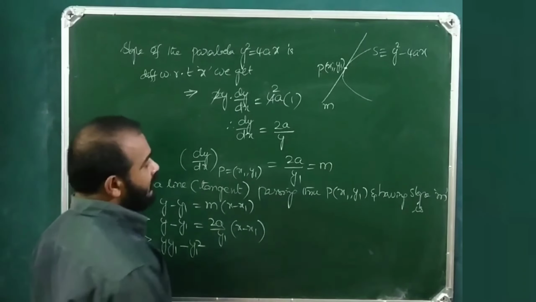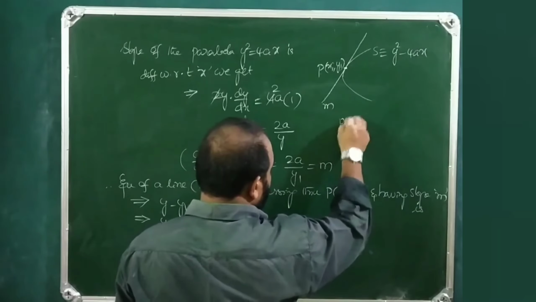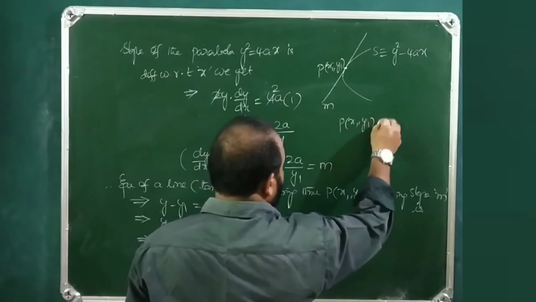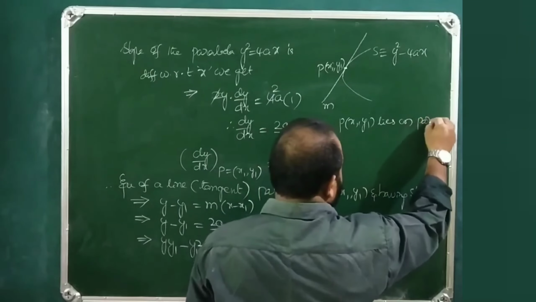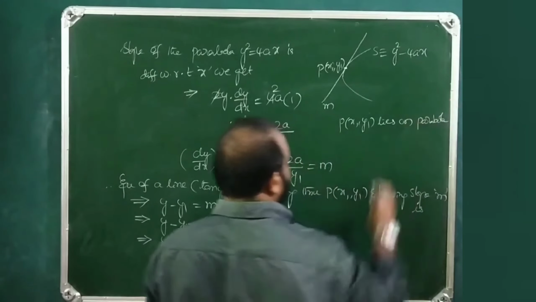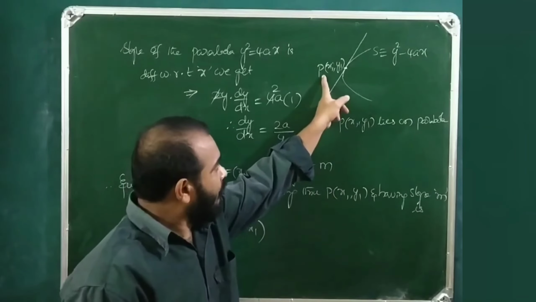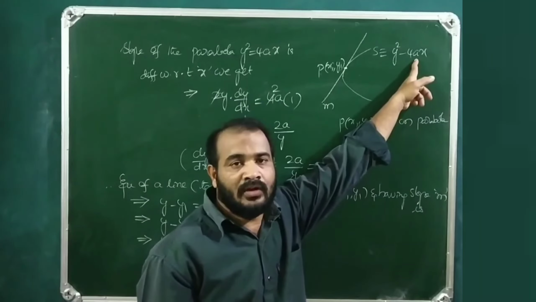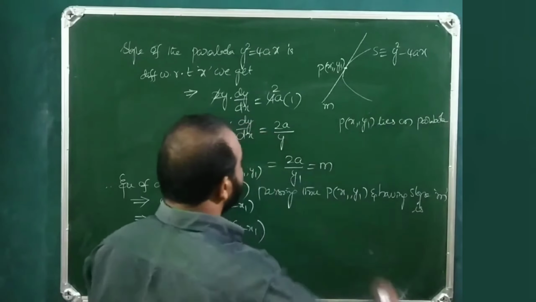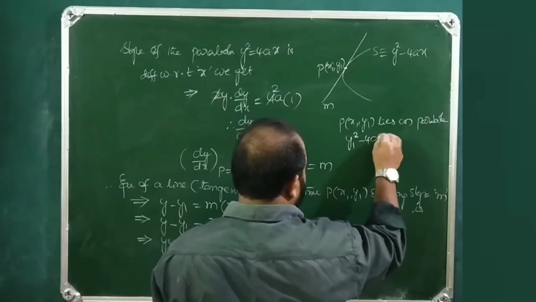And one thing you bear in mind: P(x1, y1) lies on the parabola. That means when P(x1, y1) is substituted in the equation, it has to be satisfied.